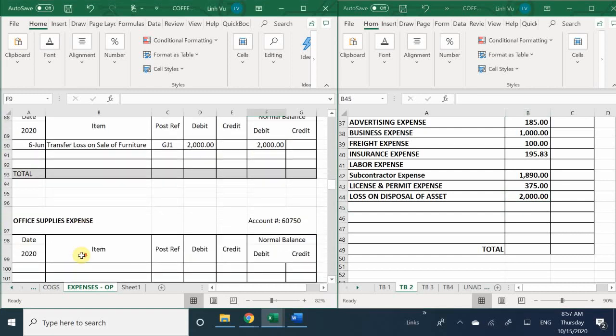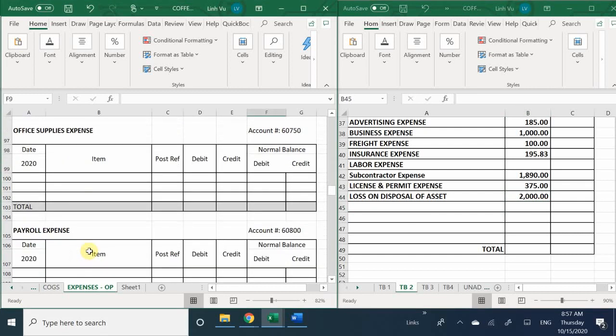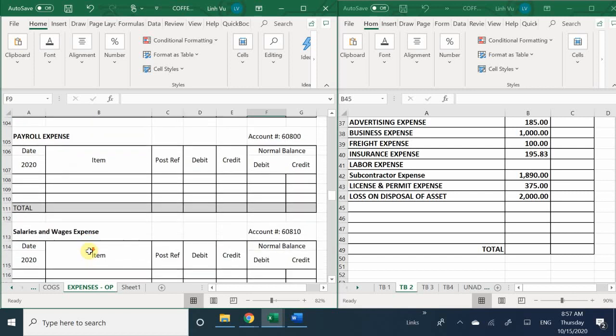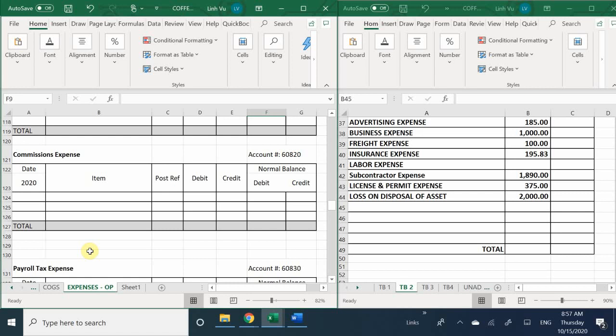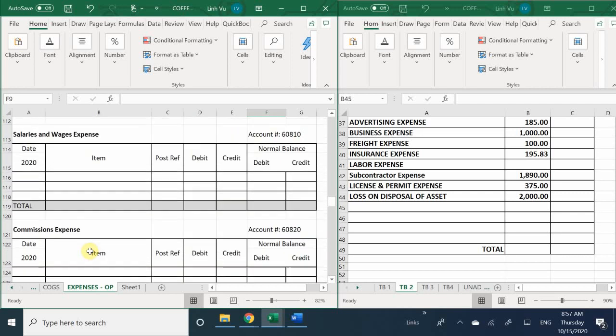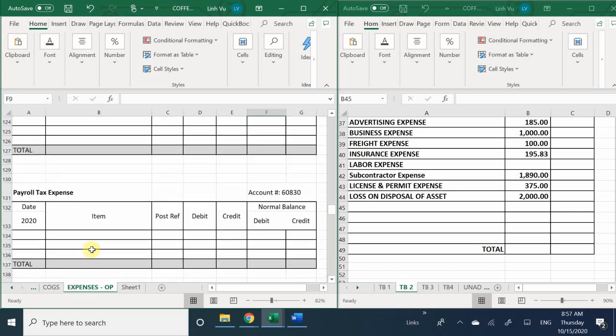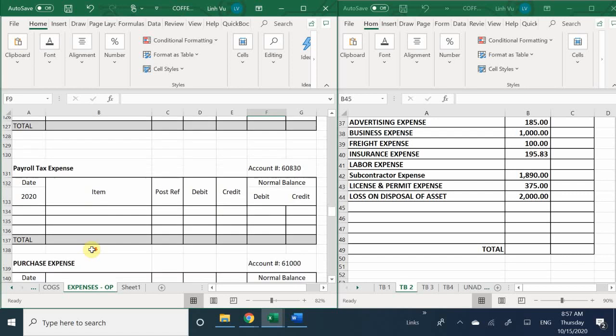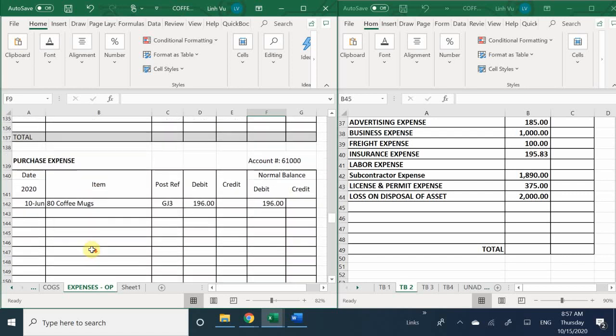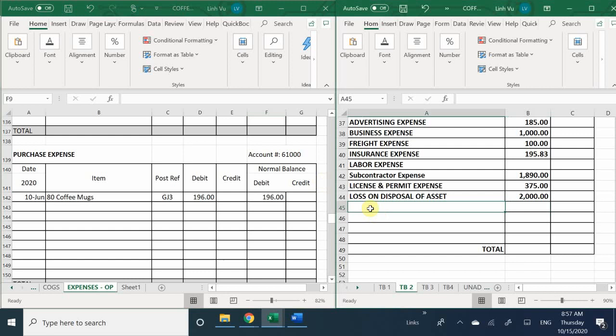All right. Office supplies expense. We don't have any office supplies yet, so we haven't incurred any expenses for that. Payroll expenses. We haven't processed payroll yet, so all of this will be on the 4th week of Coffee Cafe. So payroll taxes we can ignore. Purchase expense. Yes, we did incur purchase expense, for a grand total of 196 even.